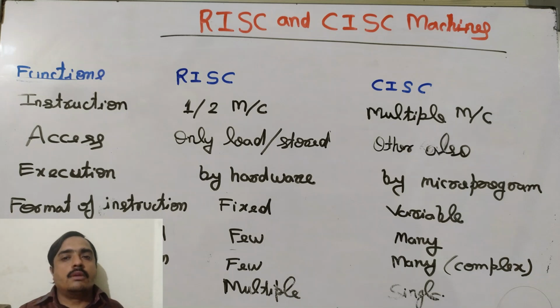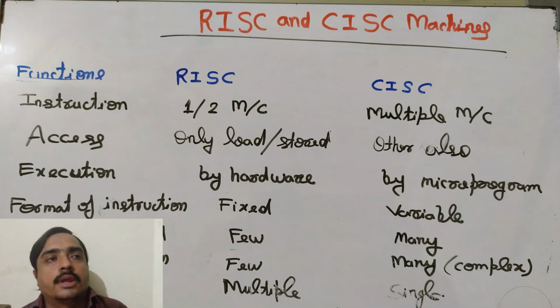First of all, look at the diagram. The first function is instruction. What type of instruction is supported by RISC and CISC? Instructions in RISC consume 1 or 2 machine cycles, whereas in CISC each instruction consumes multiple machine cycles.